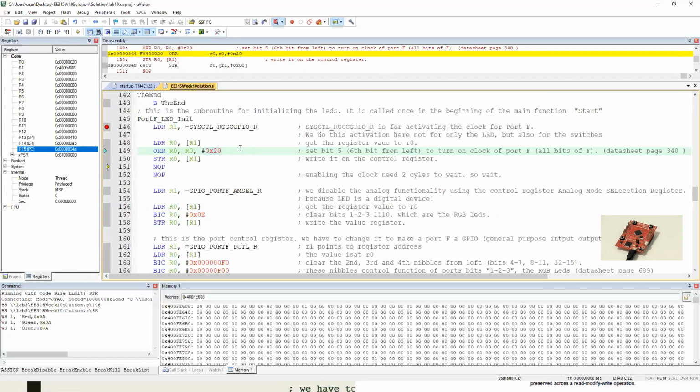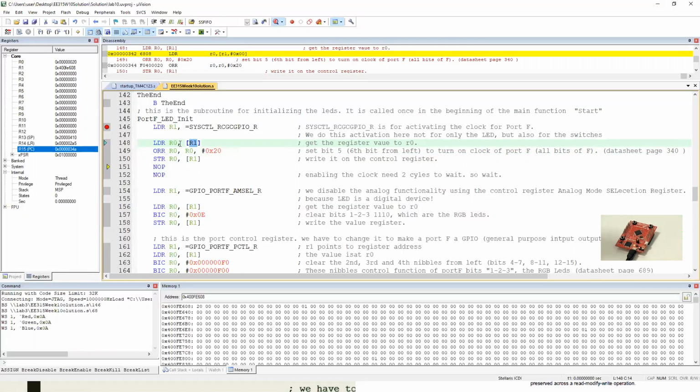Since we're not going to use port E or D or C or B or A, we didn't touch the other ones. And remember, before writing to this, I've read the value and written it to R0. Remember, it was all zeros, right? This shows you that initially, there was no clock being fed to any of the ports. That's why when we reset the card, the lights went off immediately.